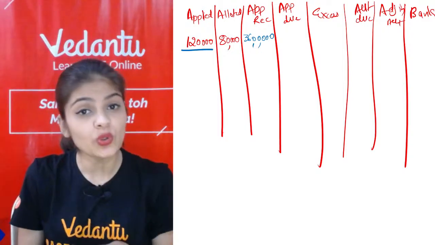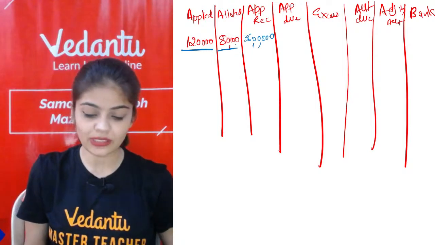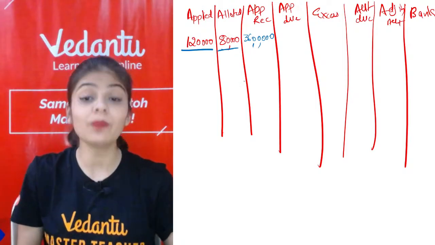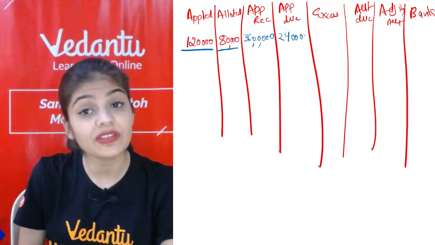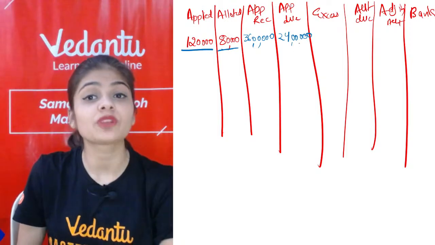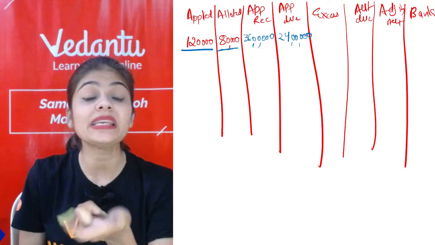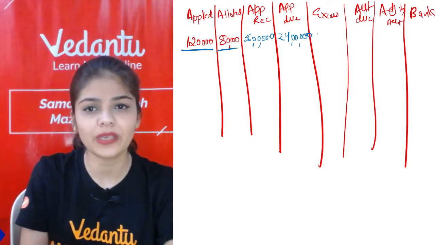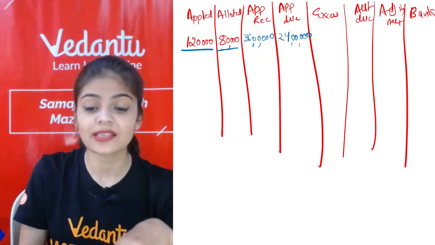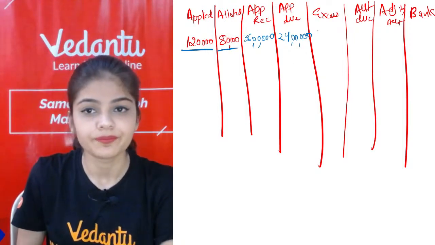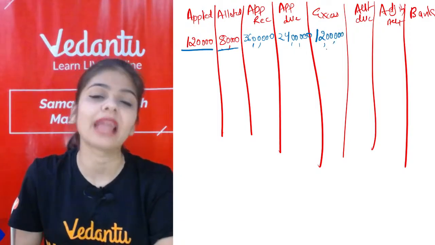Application money due, on the allotted shares, will be 80,000 multiplied by 30, which is 24 lakh. So application money received is 36 lakh and application money due is 24 lakh. So the excess will be 12 lakh.